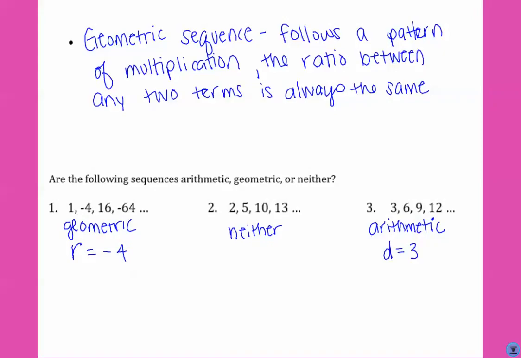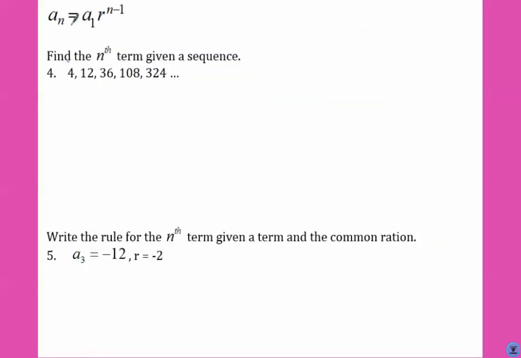So let's look at the first formula for geometric. a sub n equals a sub 1 times r to the n minus 1 power. So find the nth term. Remember from our arithmetic video that this means write an equation. To write the equation, we need to know what the first term is and what our common ratio is. Here, the first term is 4. And our common ratio, what are we multiplying by each time? We're multiplying by 3.